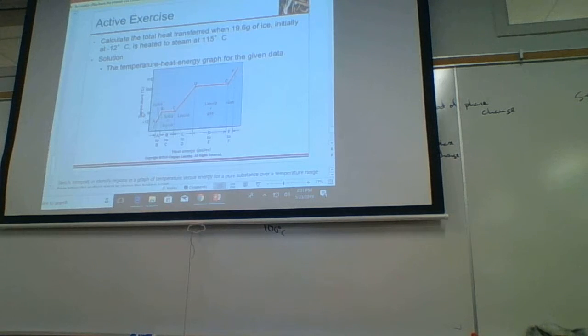That's going to be 19.6 times 2.06 times 12. 237.312 joules. Okay, well, how many sig figs? I'm actually only allowed 2 sig figs, so I'll round it at the end. I'm not going to round it down. Okay, that's step 1.